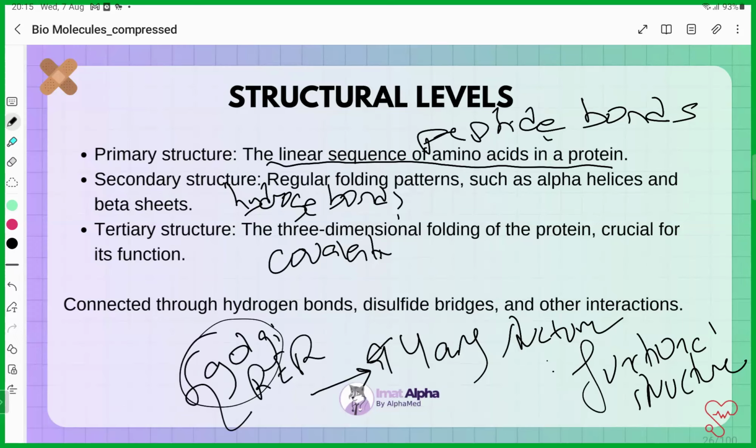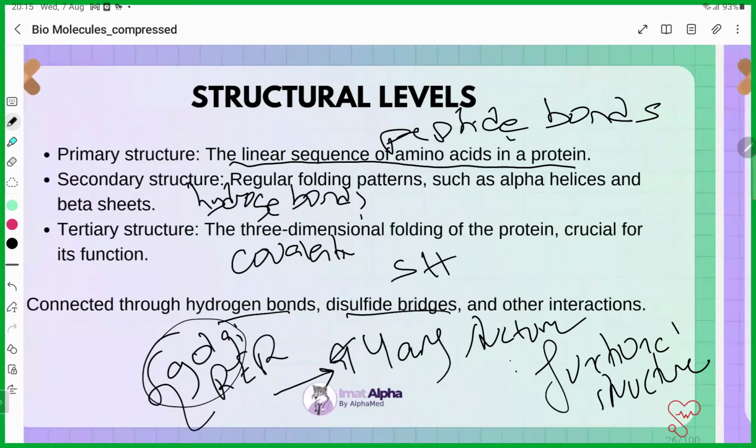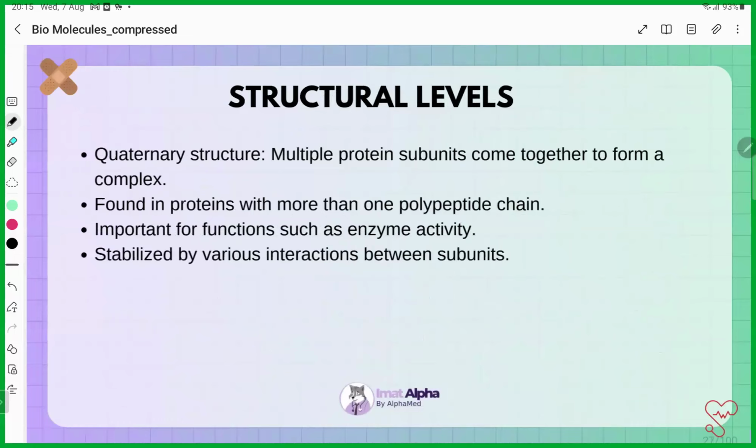When it's not functional, it will stay inside the cell and won't help the body in any way. So it's connected through hydrogen bonds, disulfide bridges as we said in cysteine, and other interactions like peptide, covalent, and ionic. In the quaternary structure, multiple protein subunits come together to form a complex, which is the functional structure.